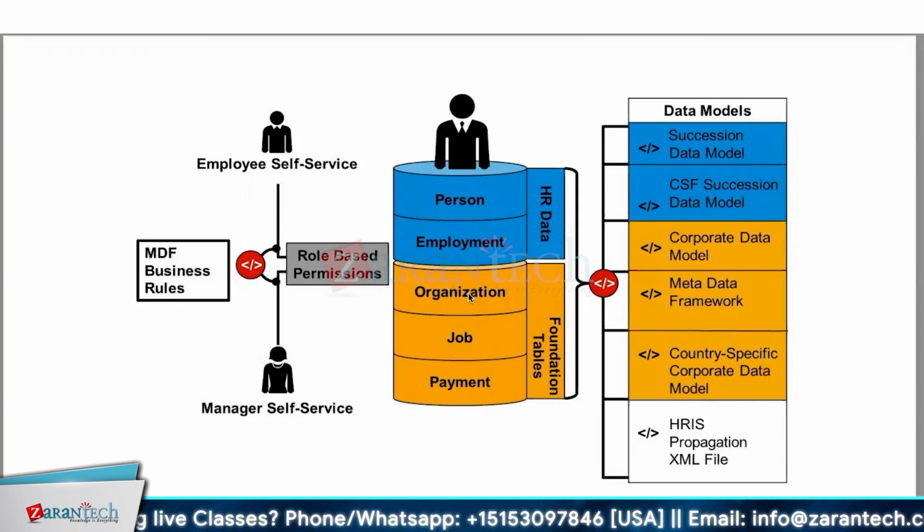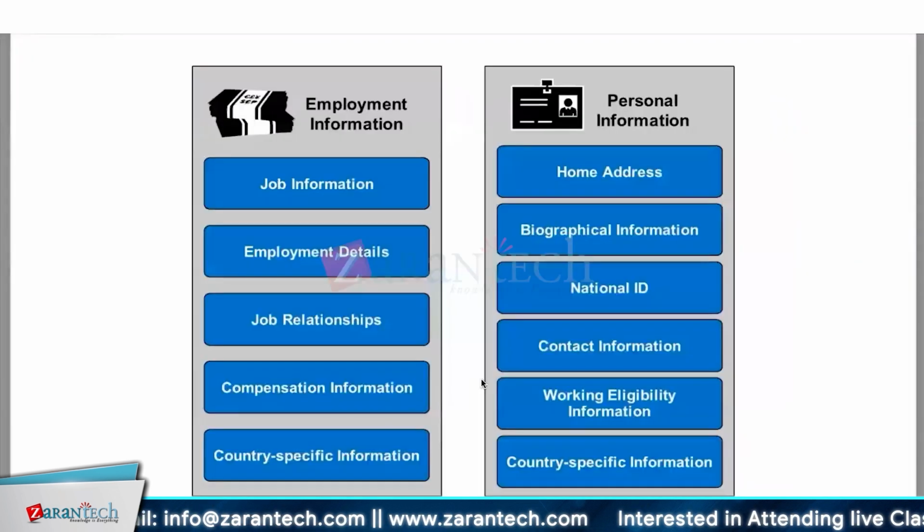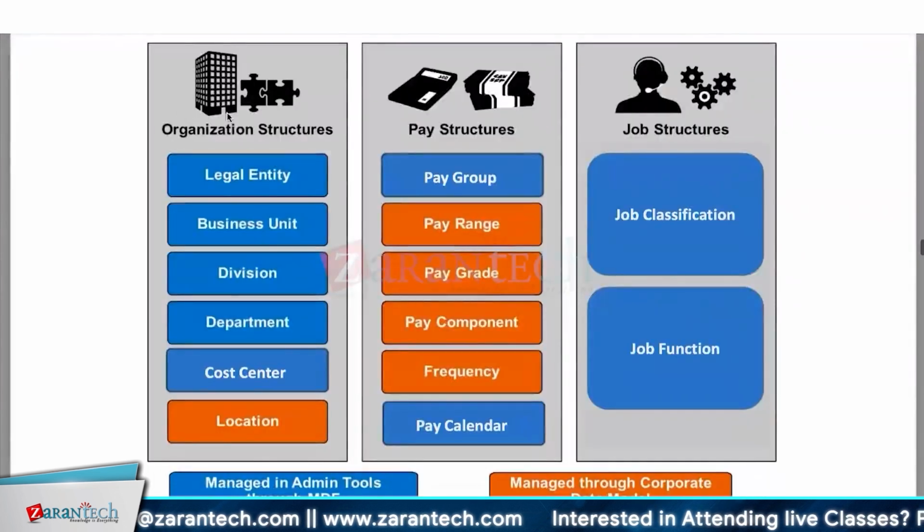If you are implementing for Coca-Cola, it is not simply one entity. Coca-Cola India is one company, Coca-Cola US, Coca-Cola Australia, multiple group companies. They are all reporting to Coca-Cola Incorporation as the root. To give you examples, here is what comes under org structure, under pay structure, under job structure.